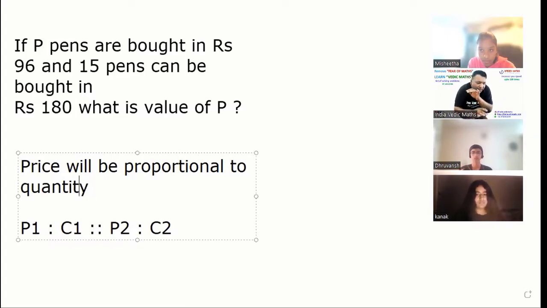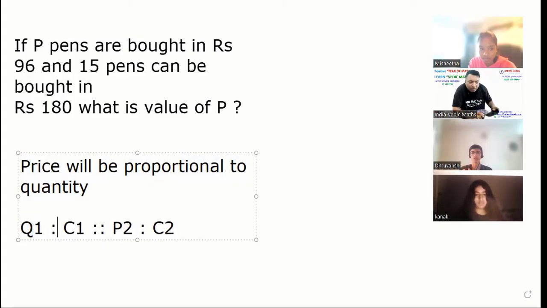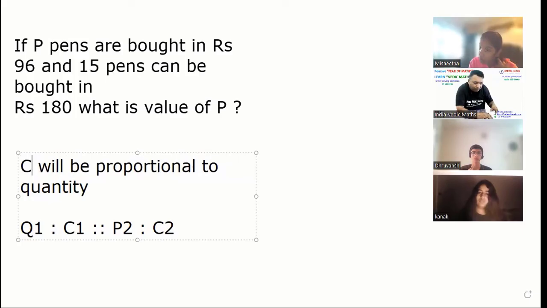So Mishita, unmute and tell me, if you buy more pens, do you have to give more money or less money? More. So more pens, more money. Less pens, less money. Because price is always proportional to the quantity, correct? Yeah. So let's say Q1 is quantity 1 versus cost.